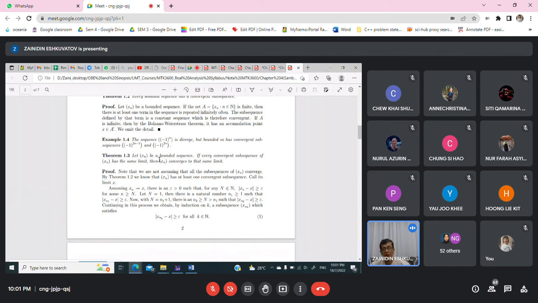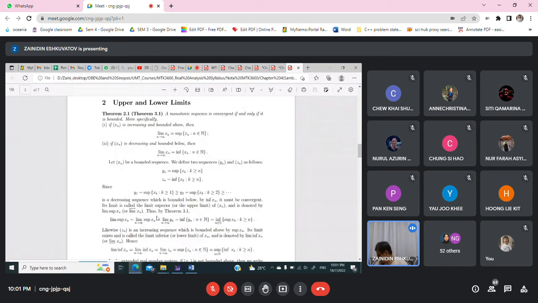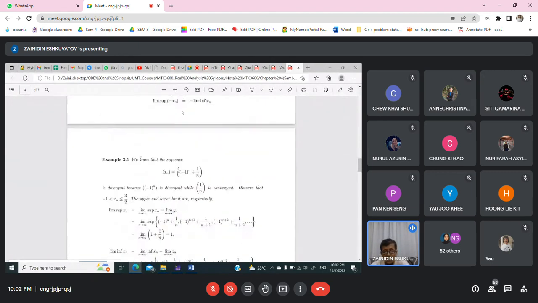But all the subsequences are not easy to construct and not easy to show. So the upper and lower limits are also needed. For this part, just simple questions: why is it divergent, and for example 1 over n is convergent, but this Xn is divergent.